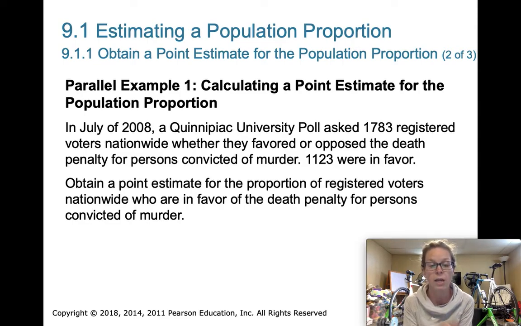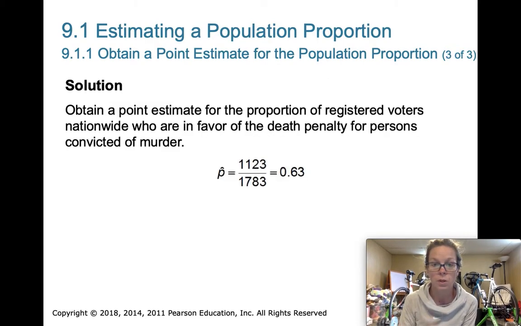So if we want to find a point estimate from this sample, we can find the statistic proportion in this sample, and then we're going to use that as a point estimate for the parameter in the population. So what we want to do is take what number have the characteristic, in this case the characteristic is in favor of the death penalty, and divide that by how many were sampled. So 1123 over 1783, 0.63.